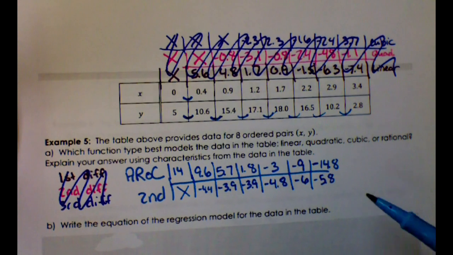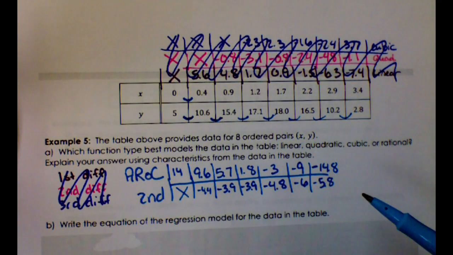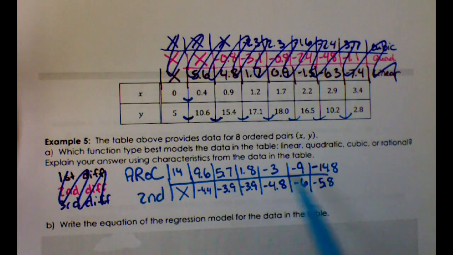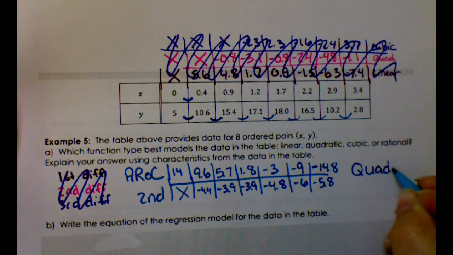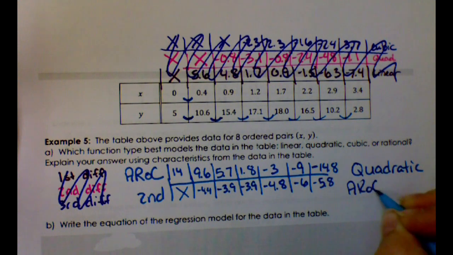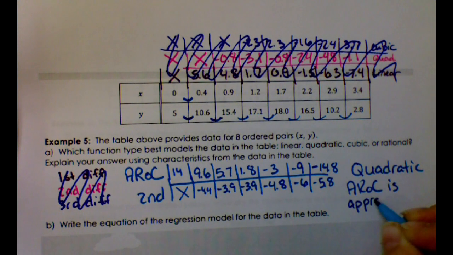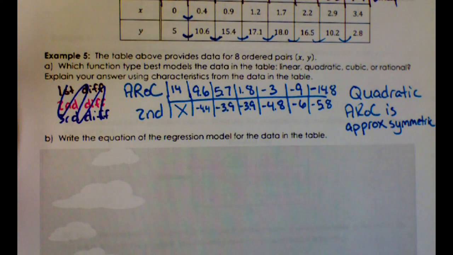Well, what goes up and then down? A quadratic. And the average rate of change is pretty darn close to symmetric. So we're going to use a quadratic to model this, because the average rate of change is approximately symmetric, except positive then negative. So let's write an equation for our regression model.